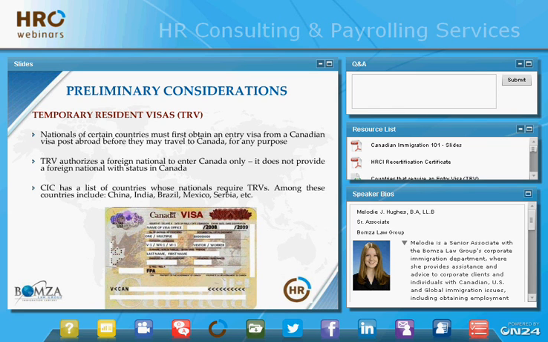As I mentioned, the visa only authorizes entry, so even though it may state worker, for example, under this category, it doesn't authorize the individual to actually work. In addition to holding on to this visa, they will also need to get a work permit. That will determine the length of time that they can remain in the country and what they can do while they're here.